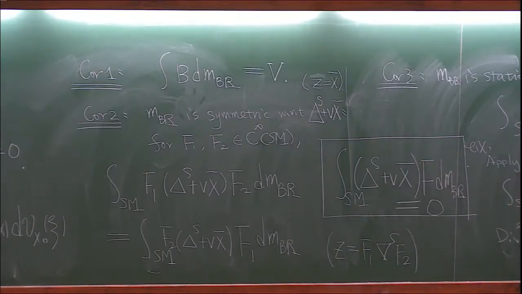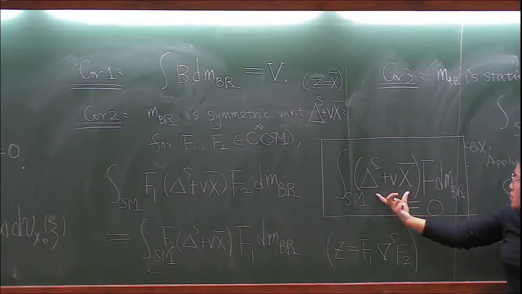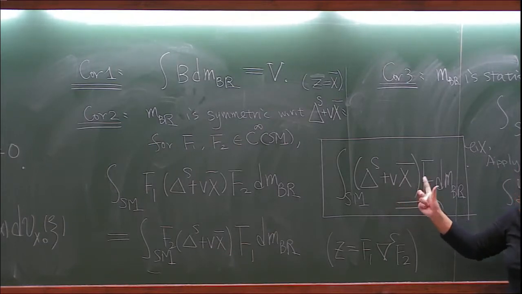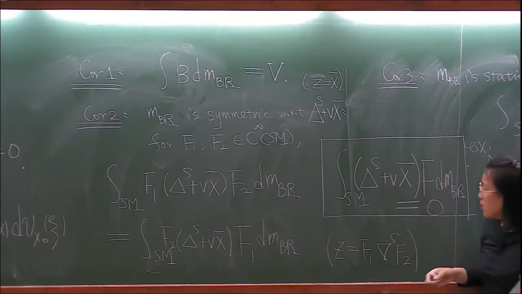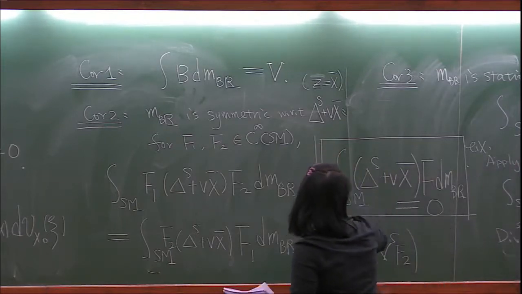So this class of measure is not only stationary on the strong stable direction, but is also harmonic for this operator, Laplacian S plus V times x bar. So we start from here.